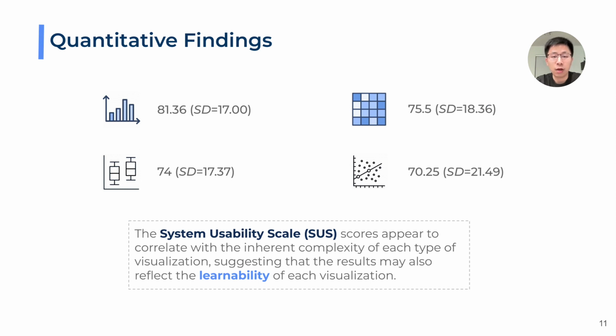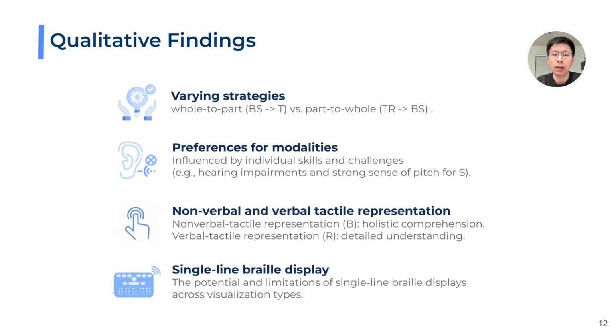On average, bar plots scored 81.36, heat maps scored 75.5, box plots scored 74, and scatter plots scored 70.25. These usability scores appear to correlate with the inherent complexity of each type of visualization, suggesting that the results may also reflect the notability of each visualization.